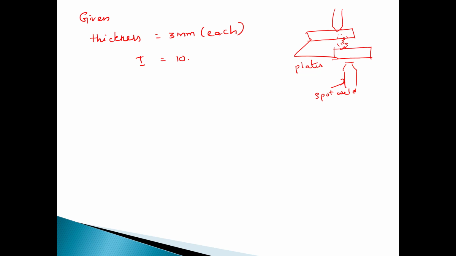Current is equal to 10,000 amps. Then time 0.2 second. Heat dissipated is equal to 1000 joule. Then resistance 0.0002.